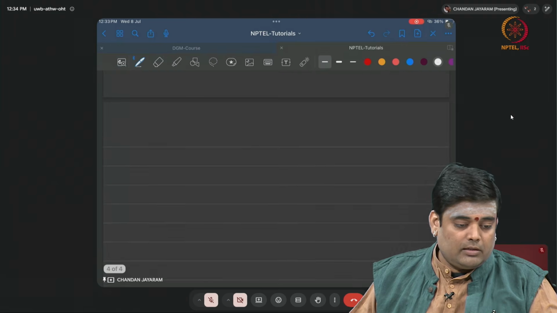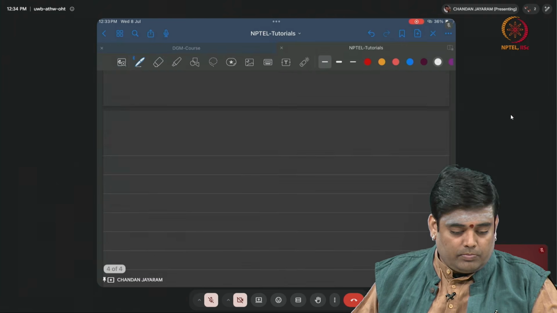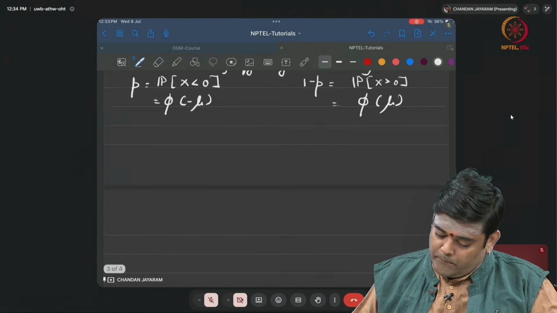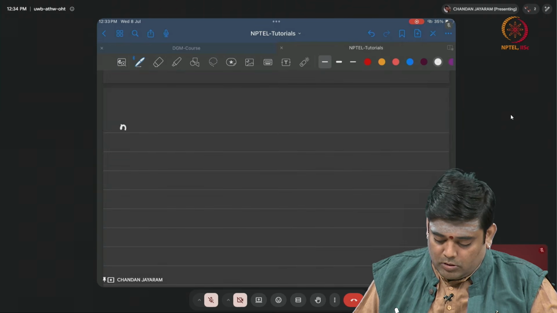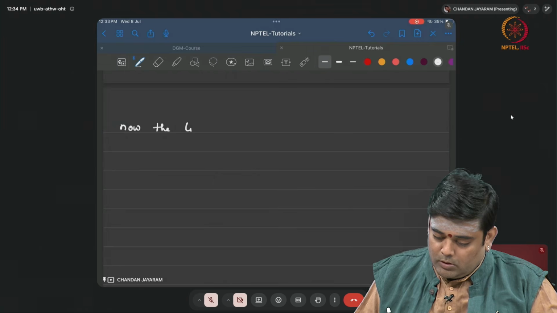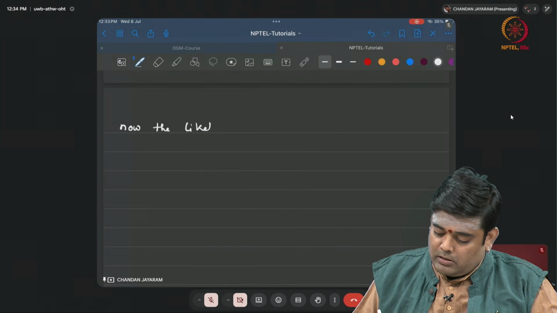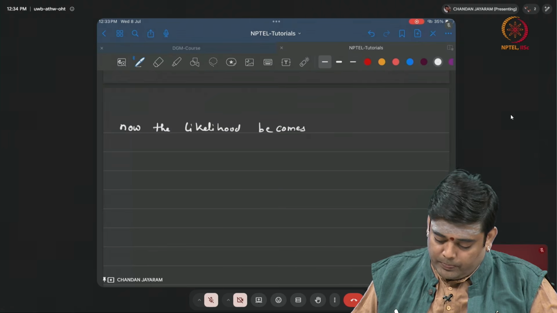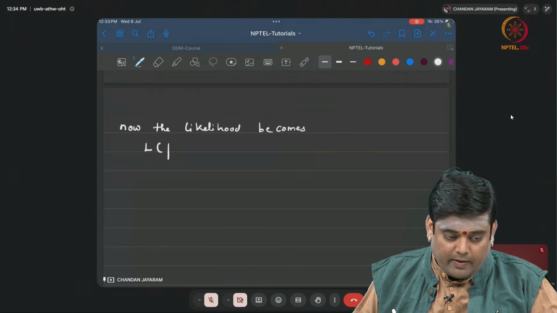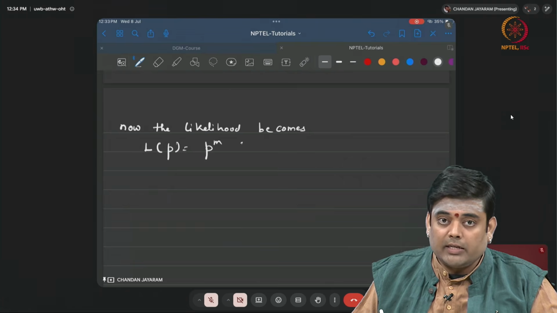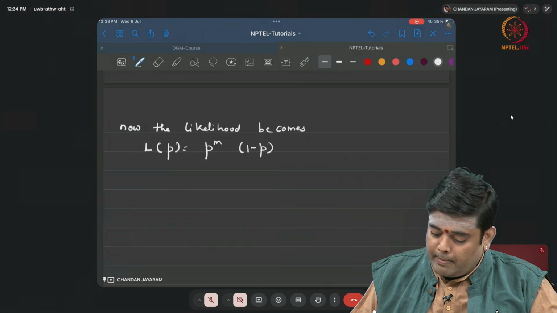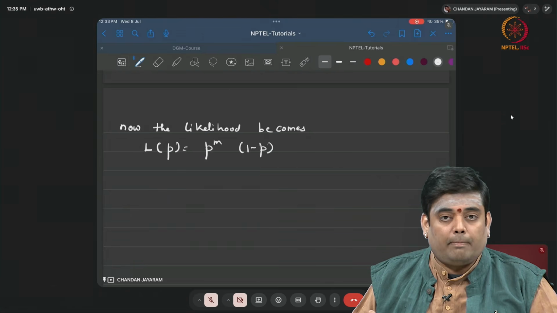Now, how does the likelihood term look like? The likelihood becomes, I am saying likelihood, not log likelihood, L of P is P to the power of m times 1 minus P to the power of n minus m.